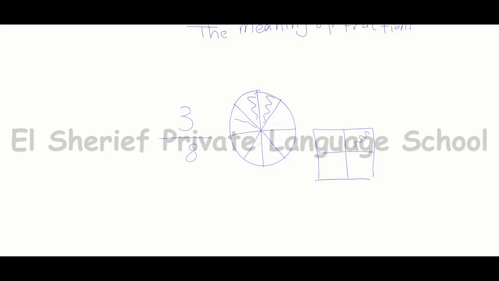To describe this, here we have 1, 2, 3, 4 parts. So write 4. How many parts did we divide this square into? Here we have 4. How many parts did I color? Just 1 part.